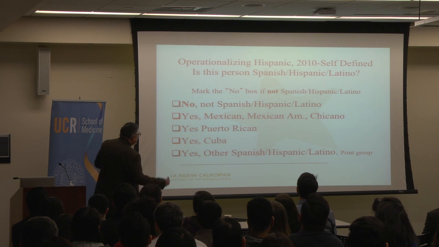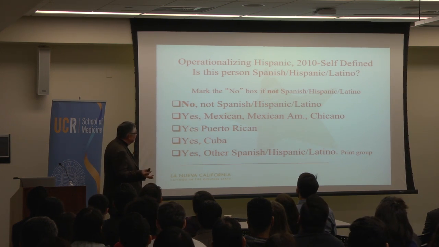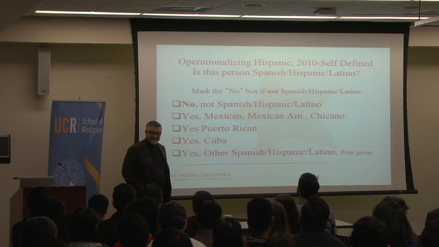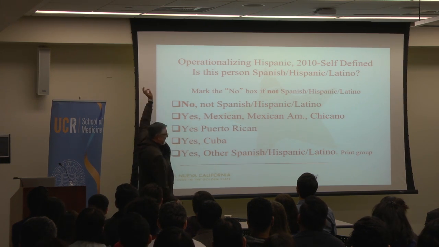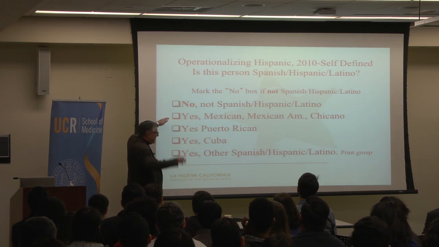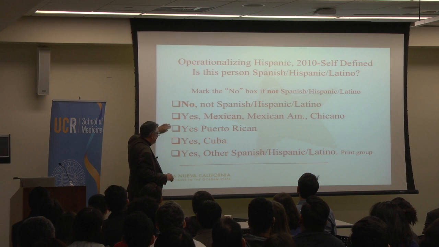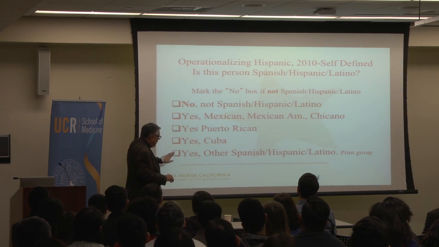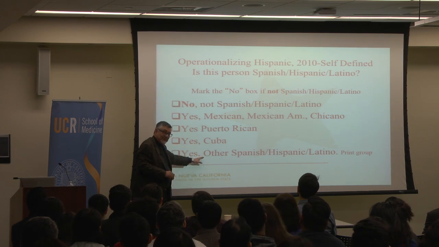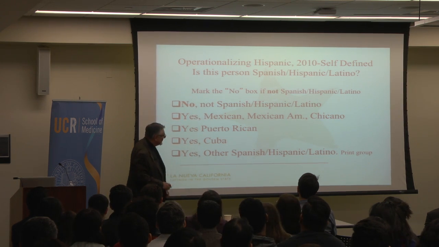Okay, so in the censuses, first of all, people are asked, are you Hispanic? And you can say, no, I'm not. Okay, skip pattern to the next question. Or you can say, yes. Well, are you Mexican, Puerto Rican, or Cuban, or other Spanish, Hispanic, Latino? Print it out. Okay.